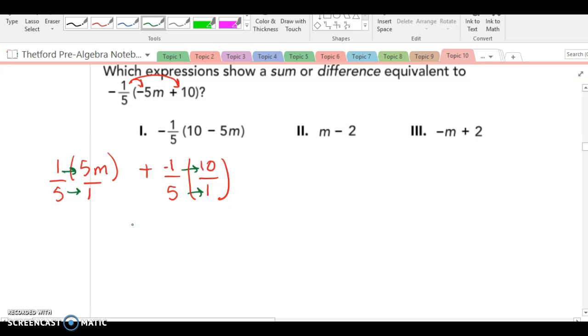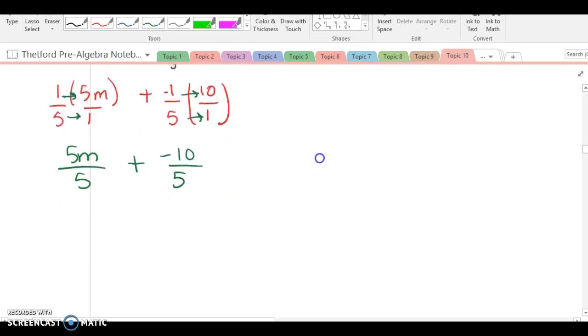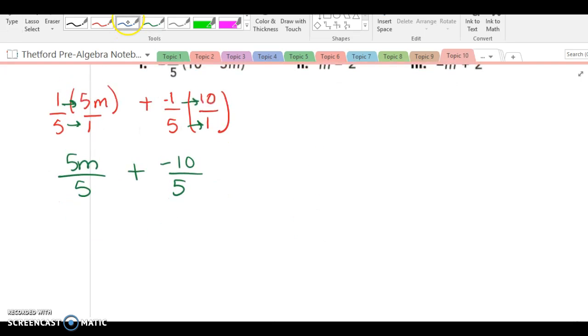Remember, with multiplication, we don't need same denominators. So 5 times 1 gives me 5m over 5 plus negative 1 times 10 gives me negative 10. 5 times 1 gives me 5. And I'm just going to keep simplifying this down. So I know 5 divided by 5 gives me 1, so those actually cancel out. 1 times m is just m.